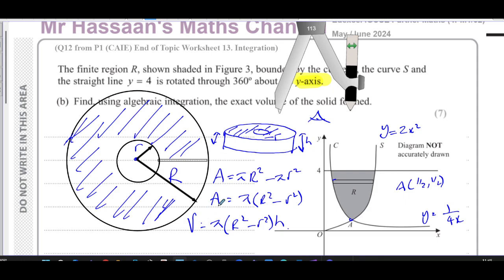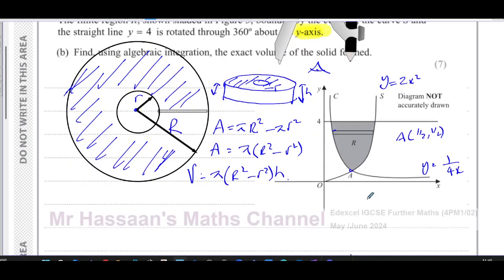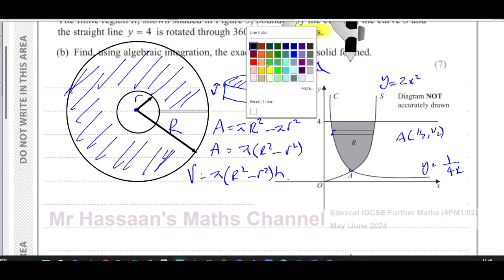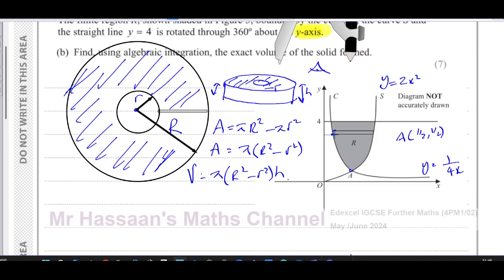So now what we're going to do is relate it to the graph. Here we have the distance between the y-axis and this point over here. That would be like the inner radius. Let me just use a different color. So that would be the inner radius.